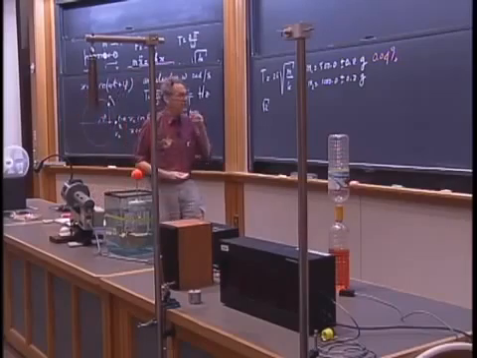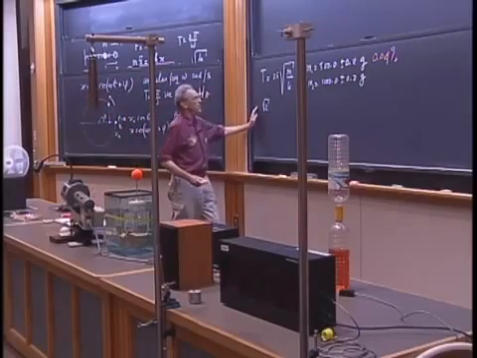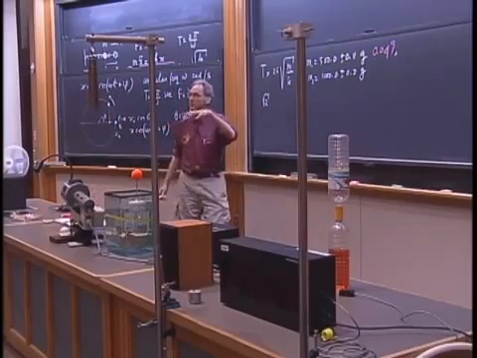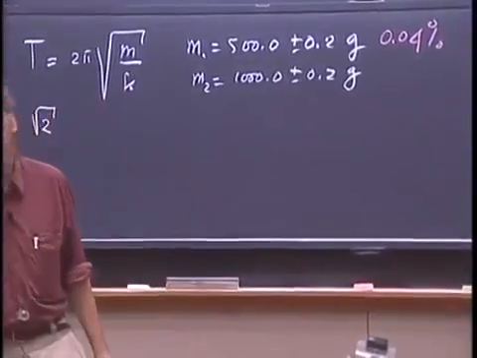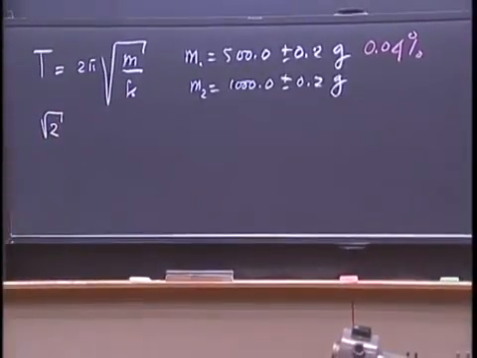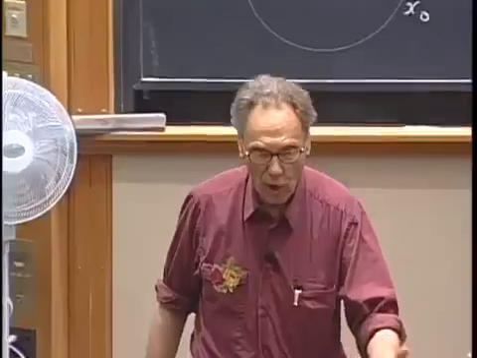So now comes the question, if I measure the period of oscillation with the 500 grams hanging on the spring, how accurately can I do that? On a good day, I can do it to 0.1 second accuracy. I have to start it, I have to stop it. And if I do that 10 times, obviously, you will get different answers. And they vary by about 1/10 of a second on a good day.